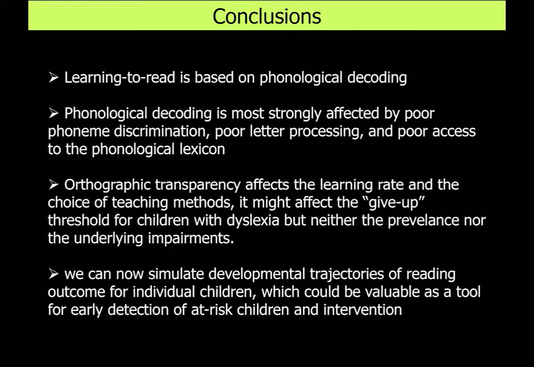So here the take-home message is phonological decoding. Often it's seen as a purely phonological skill, but it also relies on good letter processing, as an example. So you have to take that as a whole if you want to understand a developmental disorder. And then, of course, poor access to the phonological lexicon, because if you decode but you don't access the phonological lexicon, you can't learn either.